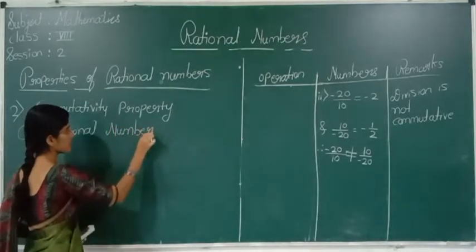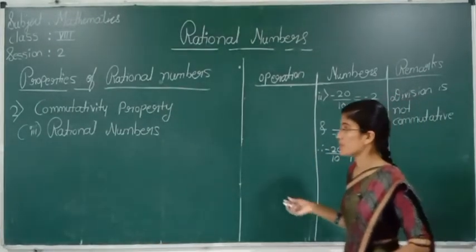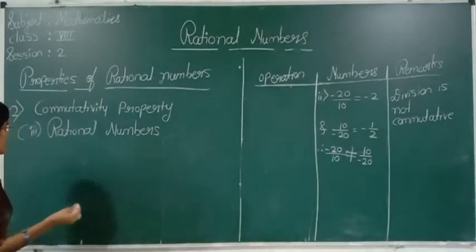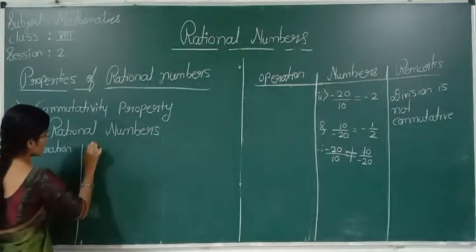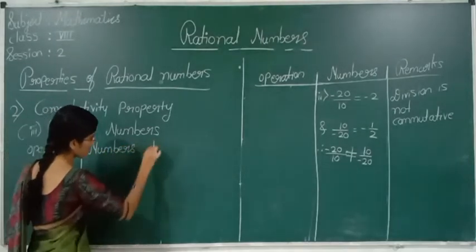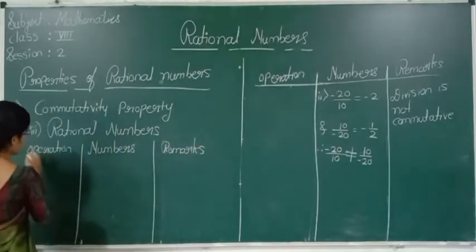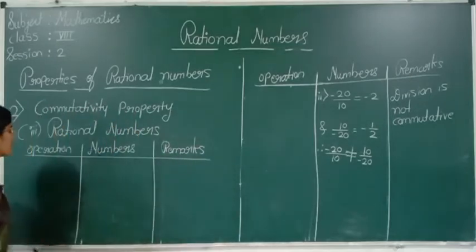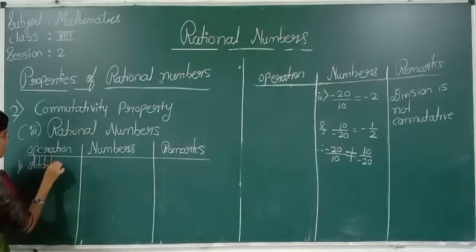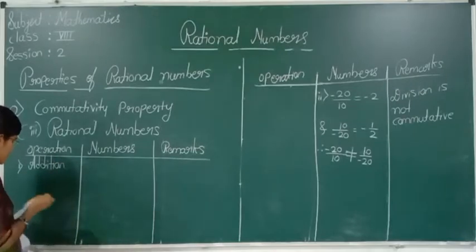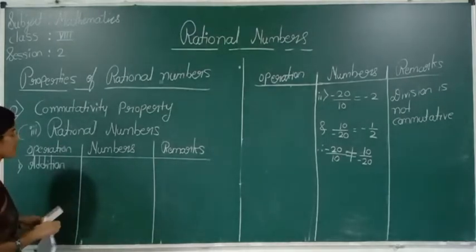In the same way how we have done commutative property for whole numbers and integers, in the same way we are performing commutative property for rational numbers. Now we'll see first for addition.